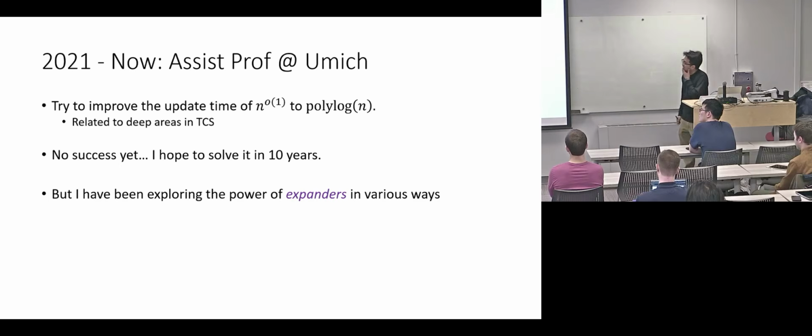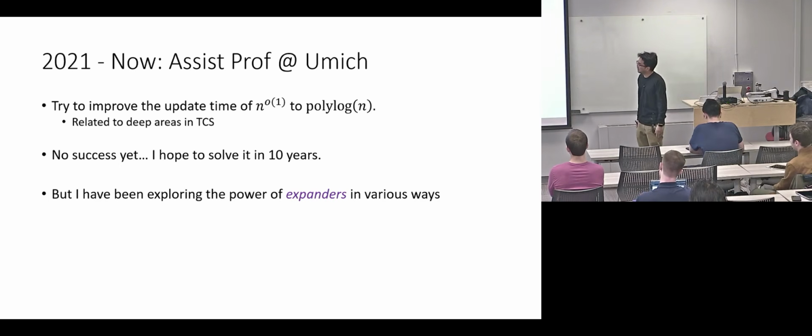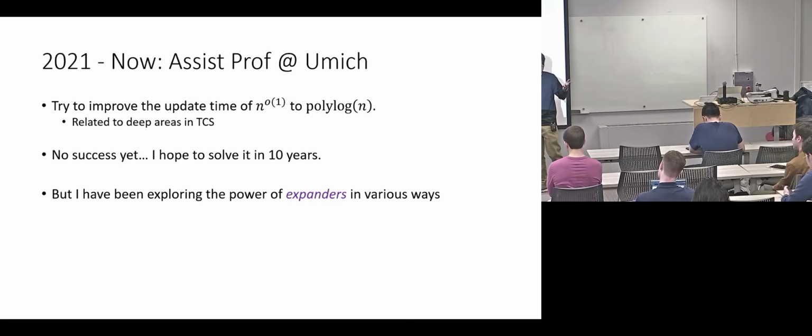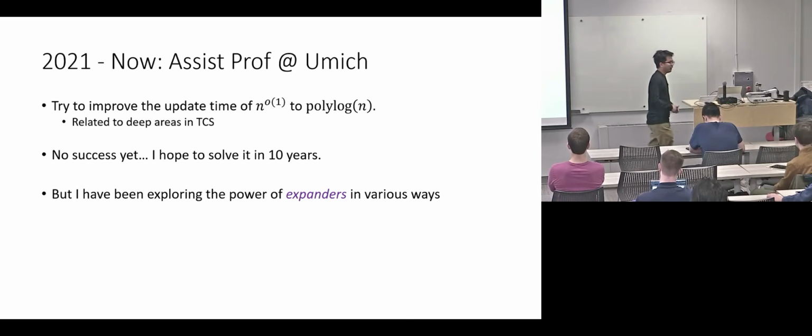But anyway, along the way, I kind of got stuck in this, but I have been trying to explore the power of the thing, the expanders that I mentioned. It's some powerful stuff.